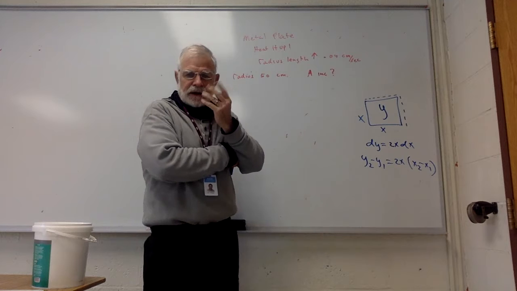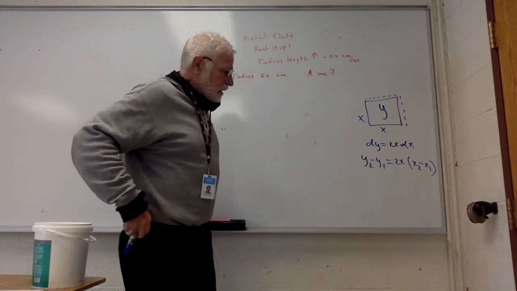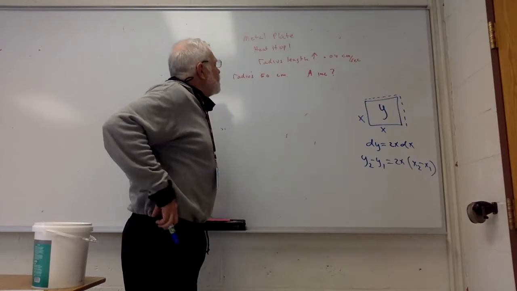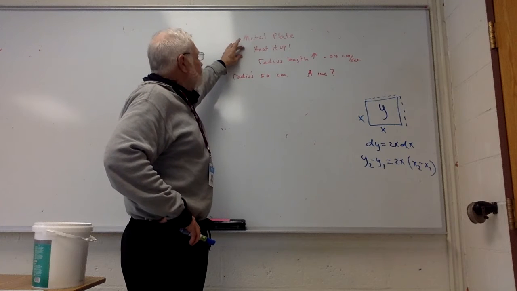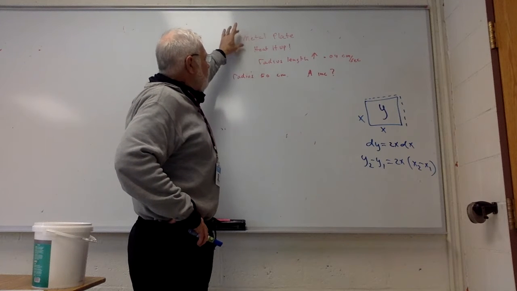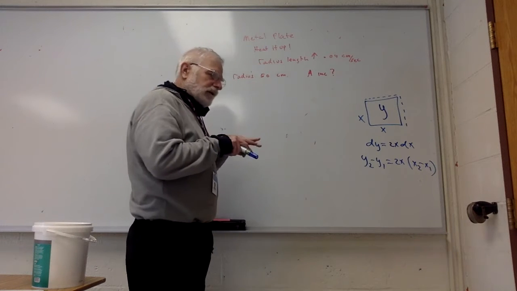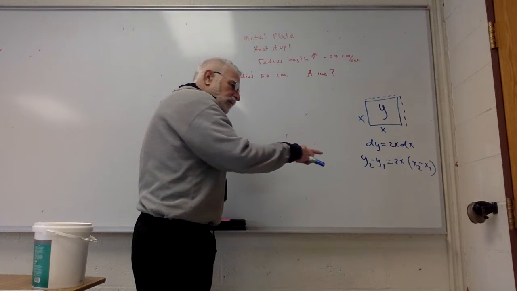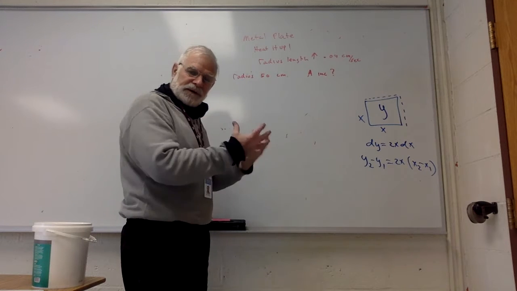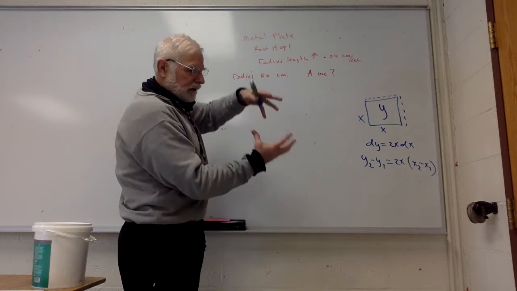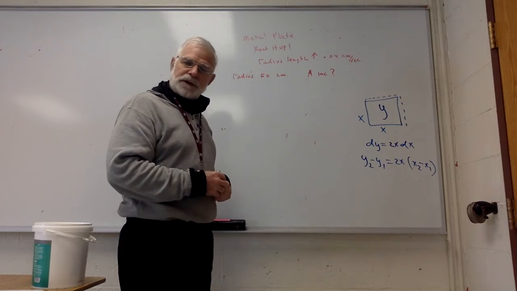Okay, so I'll state that again because I didn't write it out succinctly. Metal plate, heating it up. Circular in nature, right? The radius is increasing at 0.04 centimeters per second. And when the radius is 50 centimeters, at what rate is the area of that plate changing?